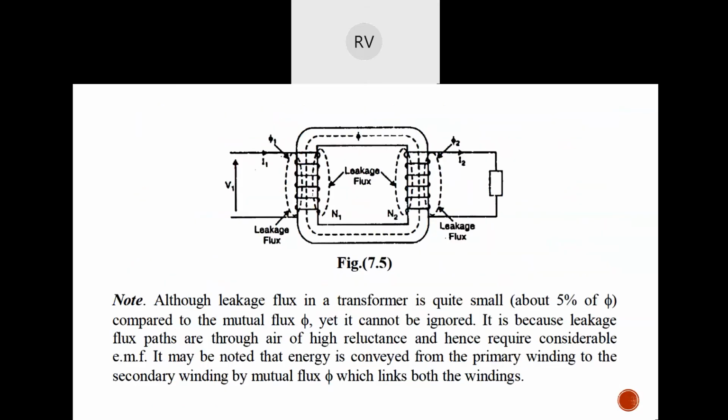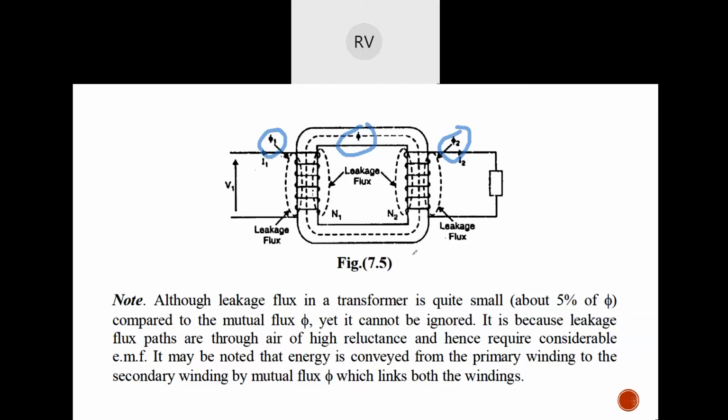Here you can see there will be a normal flux between these two windings, phi, which is nothing but the mutual flux. But there will be some flux produced by each of them separately. That is, phi1 is the flux which is not associated with the secondary winding, and phi2 is the flux produced by the secondary winding which is not associated with the primary winding.